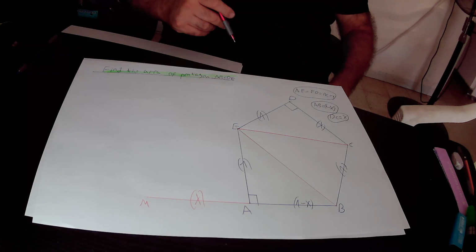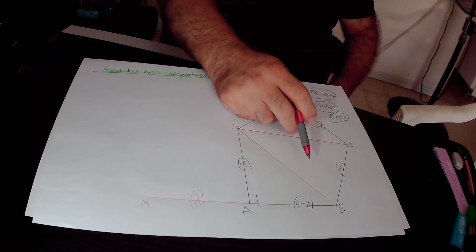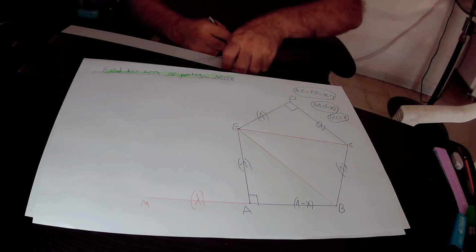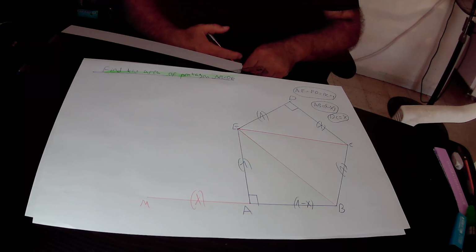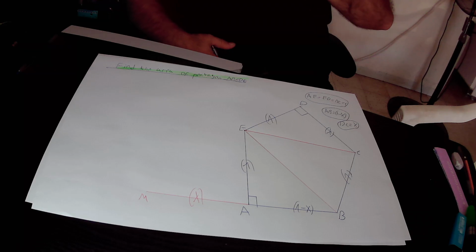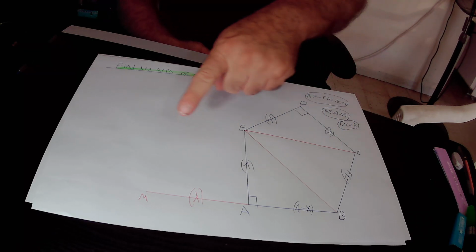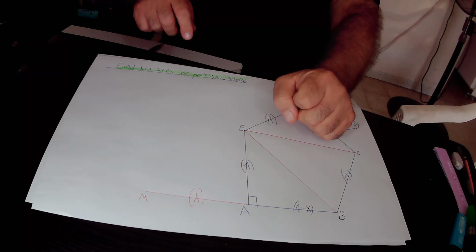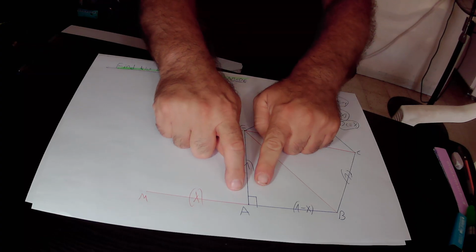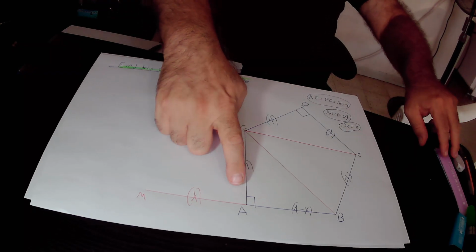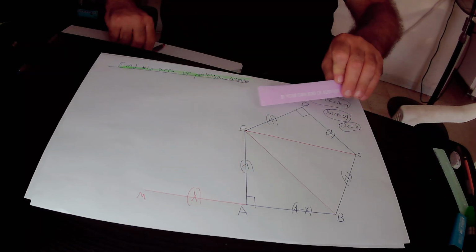So if you focus on the upper side of the straight line BM at point A, the sum of the angles must be equal to 180 degrees according to the angles on a straight line rule. This rule says that the sum of the angles on one side of a straight line is equal to 180 degrees. So at the upper side of BM at point A, we have this right angle plus this angle EAM. The sum of those two angles must be 180 degrees. Therefore angle EAM must be equal to 90 degrees.